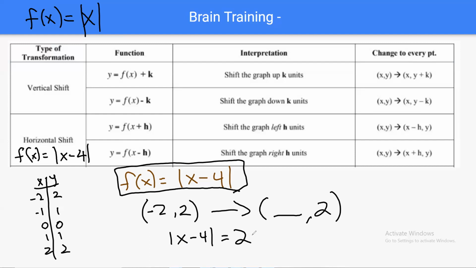Don't do anything algebraic. x can equal what? 6, or... So x minus 4 can either be 2 or negative 2, correct?